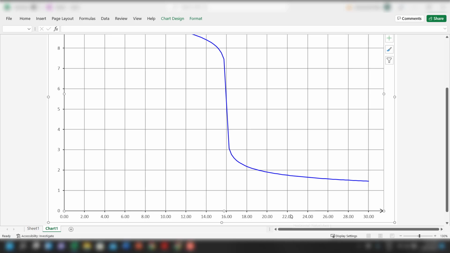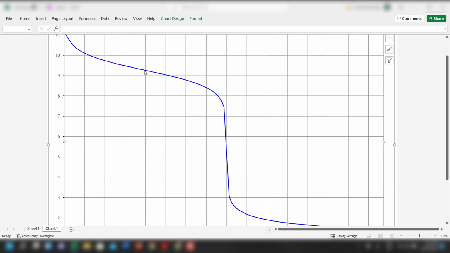Of course, if you wish to, you can add in the minor axis, so that you can directly read off, let's say at the half equivalence point, you can read off this point to be about 9.26. But right now you can't read it off as 9.26 because the minor grid lines aren't shown.